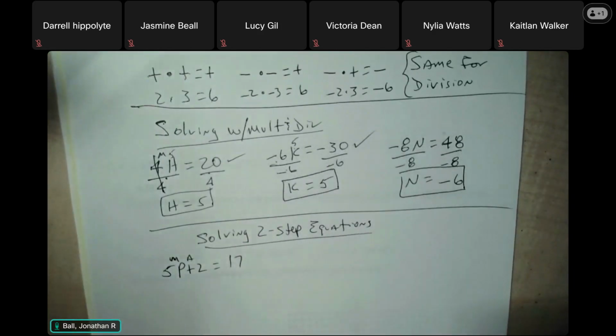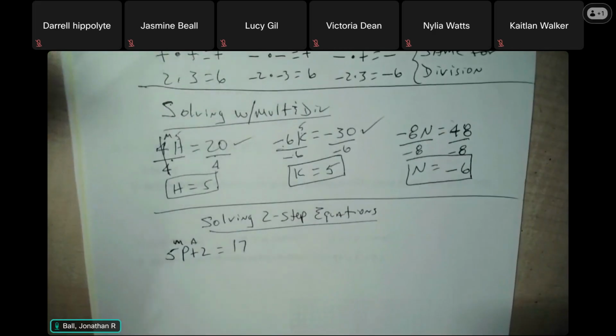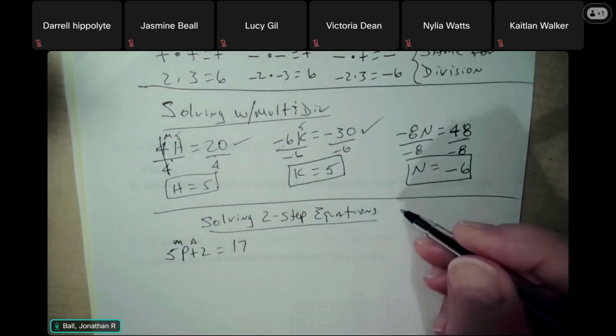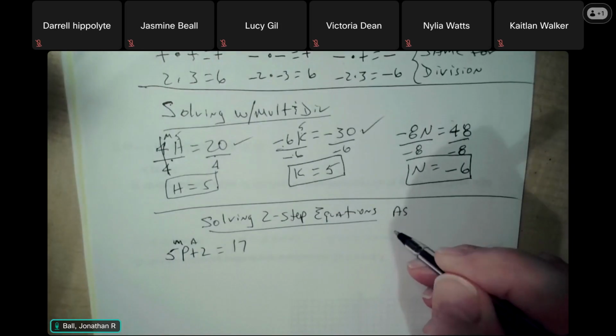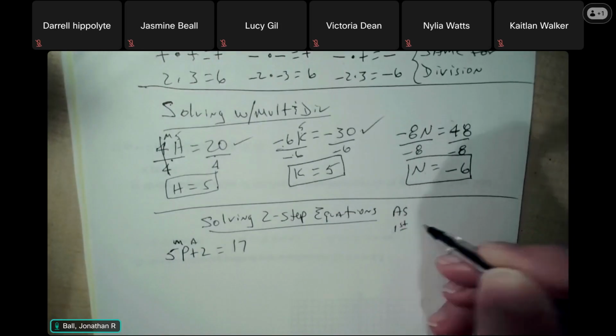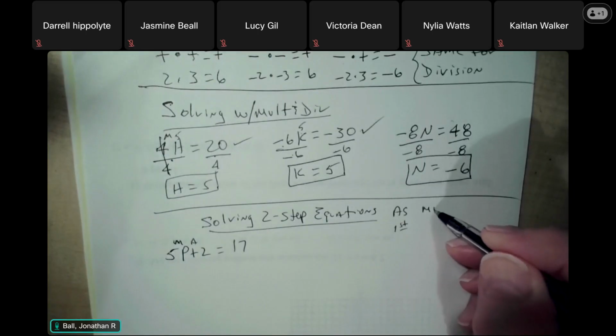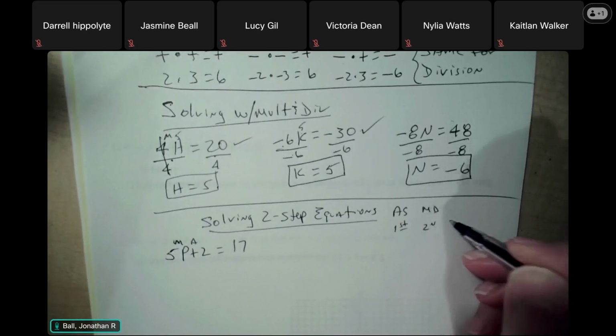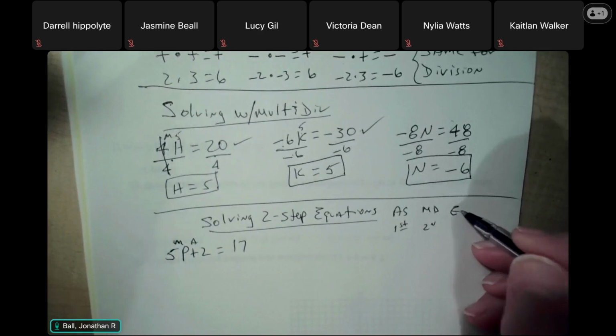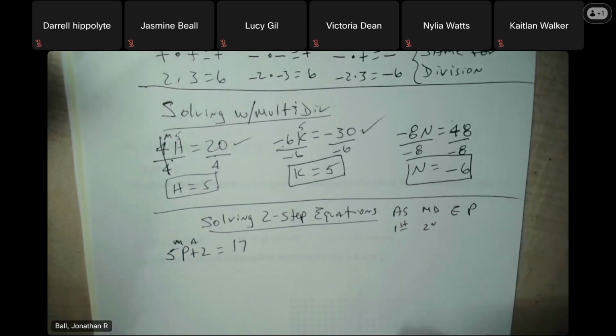Now remember, when we're solving equations, we do PEMDAS backwards. First, we get rid of addition, subtraction. Then we get rid of multiplication, division. Then the exponent, then parenthesis.